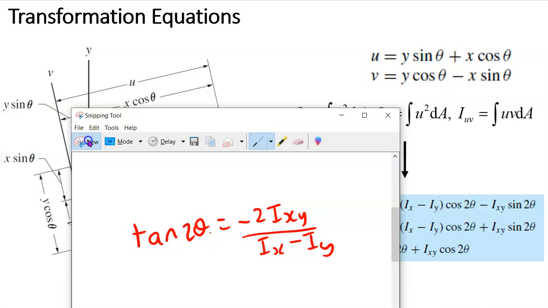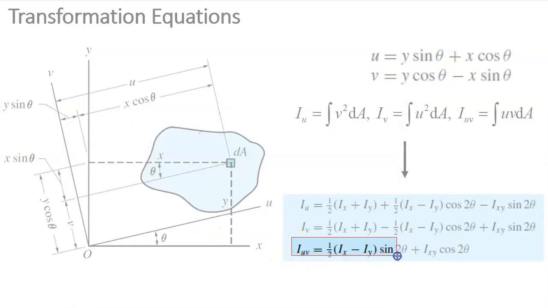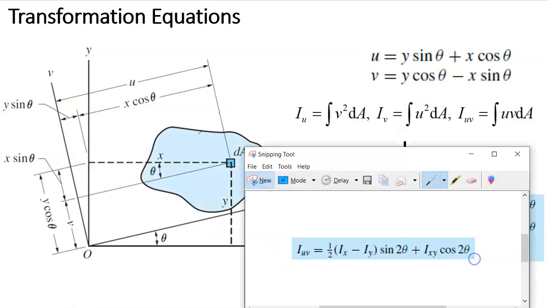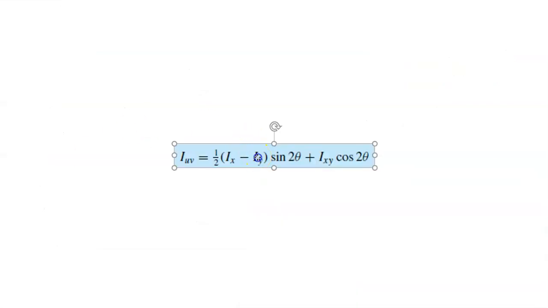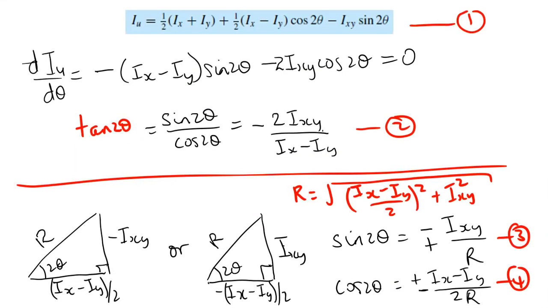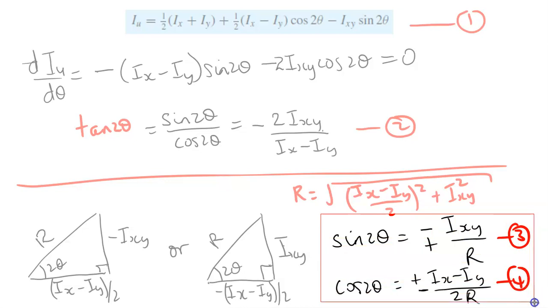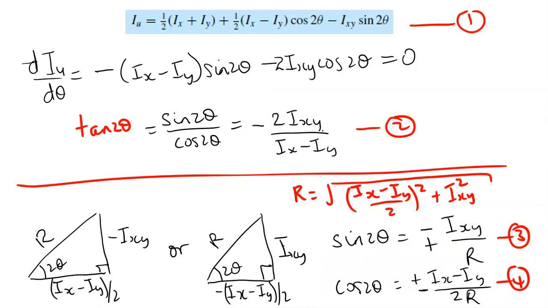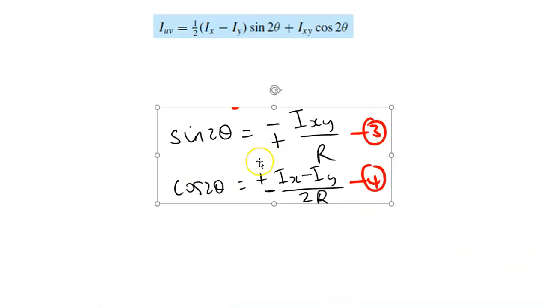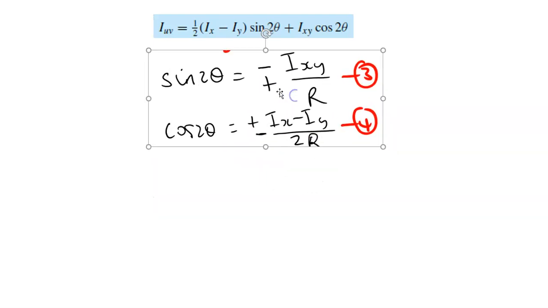So let's quickly do that. So you're going to remember that. Take another snapshot. What we're going to do is substitute this, and you're going to see what happens, and it's a result you might be anticipating.